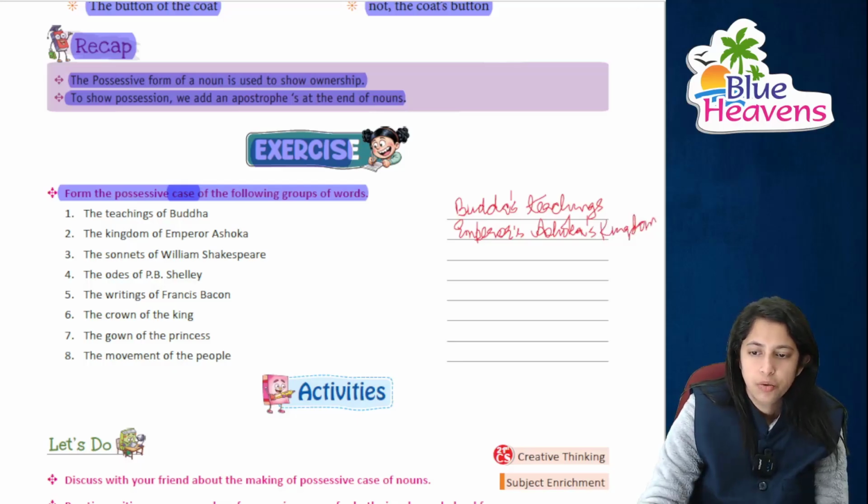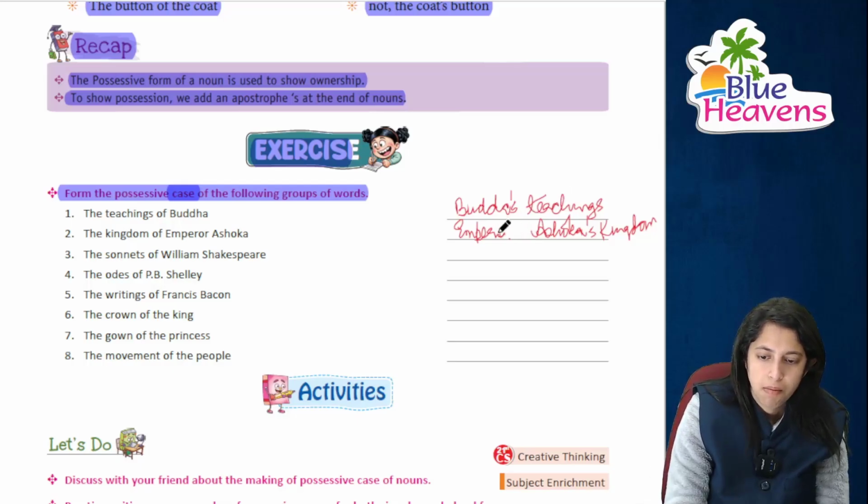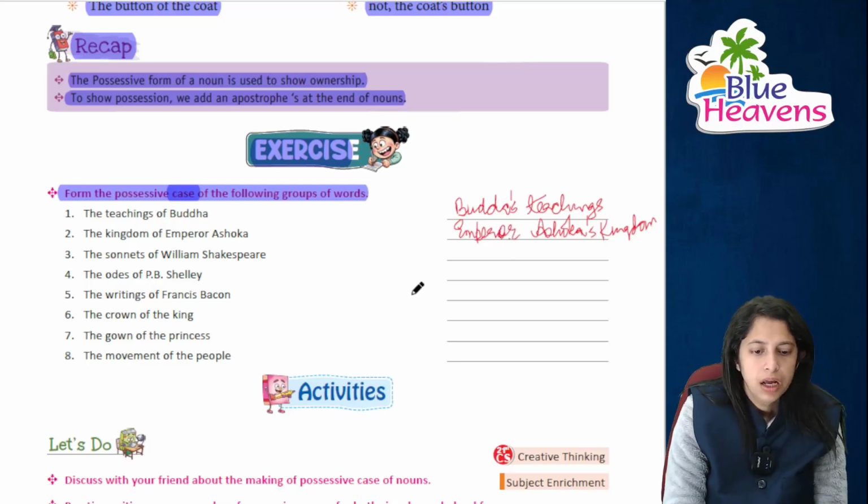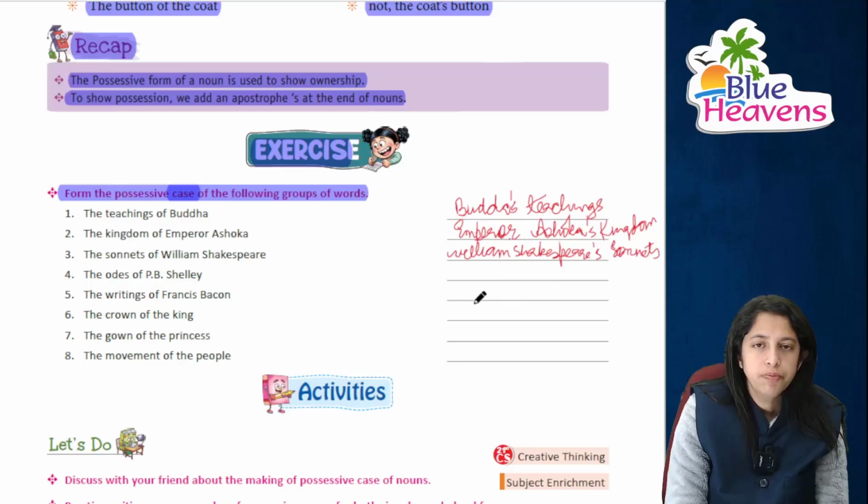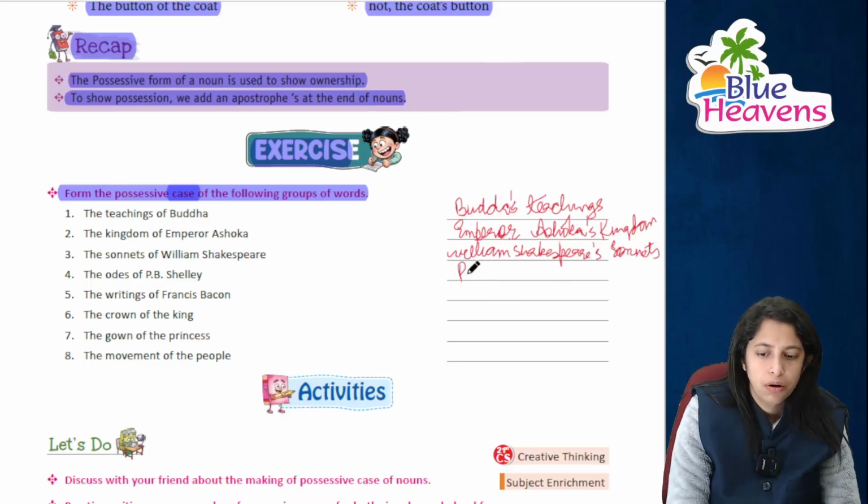Just one correction over here is that you don't have to put an apostrophe here. Right? The sonnet of William Shakespeare, Shakespeare's sonnet. Sonnet is again a figure of speech, right? The odes of P.B. Shelley, P.B. Shelley's odes. These all are very famous literary authors.